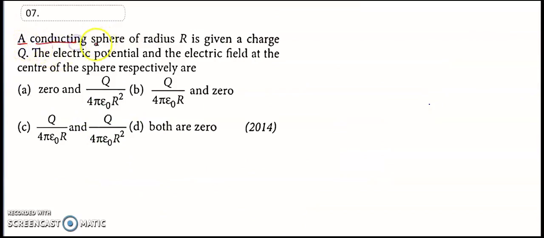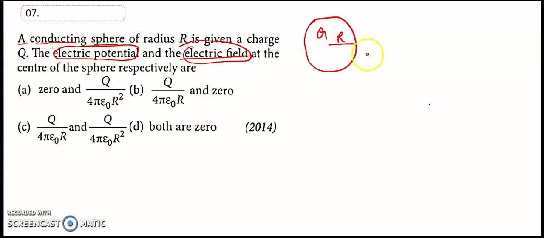A conducting sphere of radius r is given charge Q. The electric potential and electric field: what is the electric potential inside?